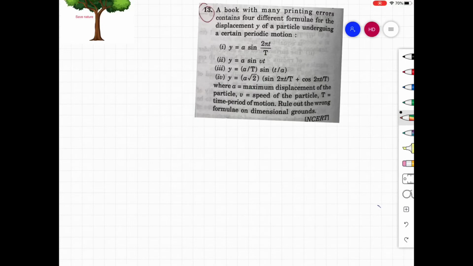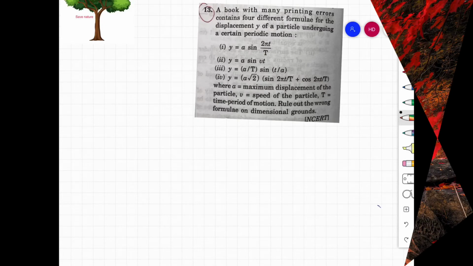Okay, let me consider another question. A book with many printing errors contains 4 different formulae for the displacement y of a particle undergoing a certain periodic motion. That is, first, y is equal to a sine 2 pi t divided by T. Second, y is equal to a sine vt.